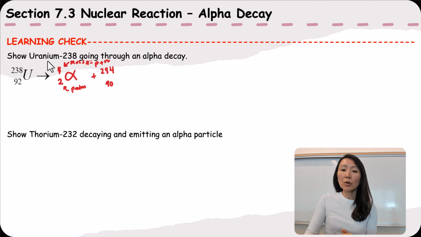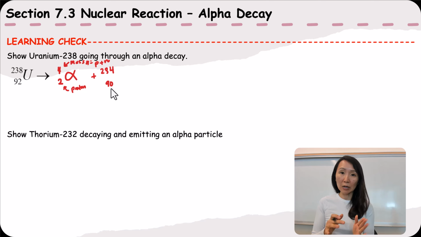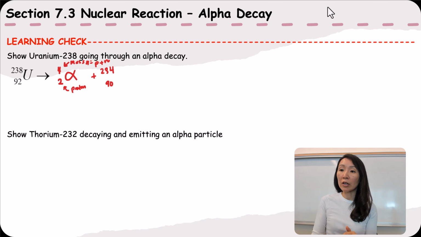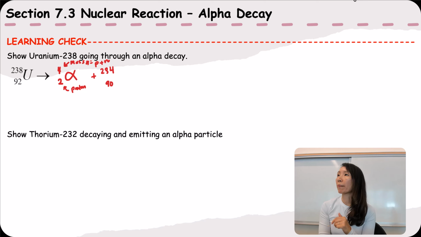234. So what does that mean? What element is this? Well, the element has to be the one that is represented by the proton number. And the proton number 90, if you look at the periodic table, is thorium. So that's Th.